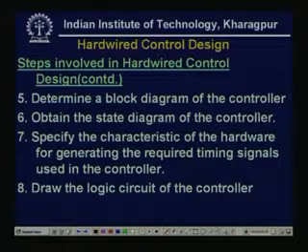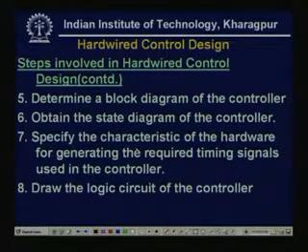Once the block diagram is achieved, then from there we draw the state diagram, because it is nothing but a machine. It has some input, then it will generate some output. Step 7, specify the characteristics of the hardware for generating the required timing signal used in the controller, because the controller will provide the sequences generated in different time instances.